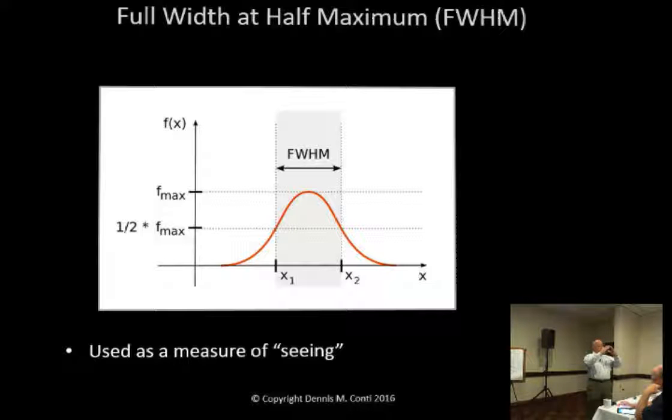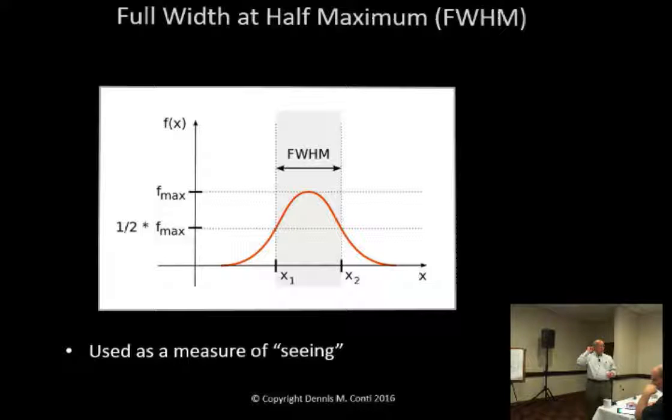If the curve is very steep, then this is quite small. If it's very broad, namely we have a wider airy disk, then the distance here is going to be much larger. So this measure, full width half maximum, is a key measure also for what our observing conditions are like.